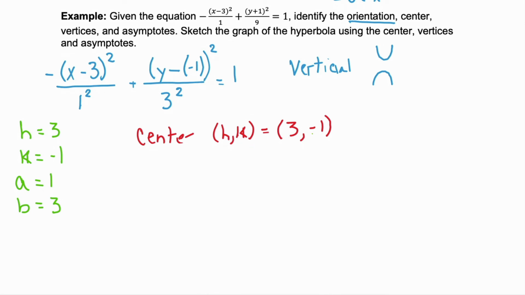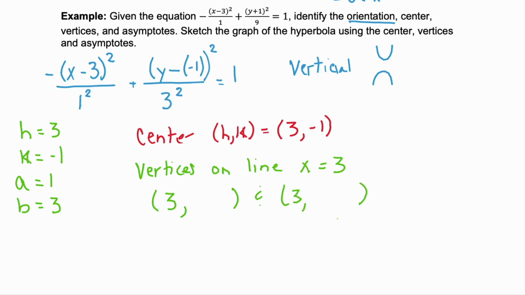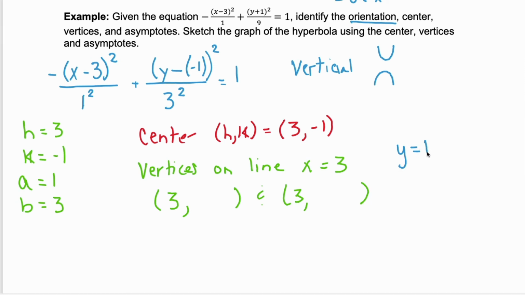Now because our center is (3, -1) and our orientation is vertical, our vertices are going to be on that line x equals 3. So we keep our x coordinate, and we just need to find the y coordinate. Our y coordinate is equal to the value of k plus or minus the value of b.